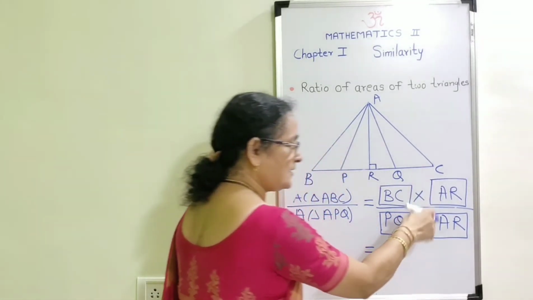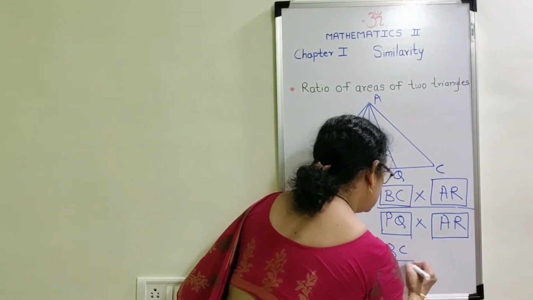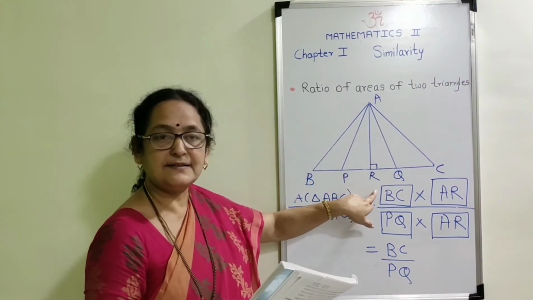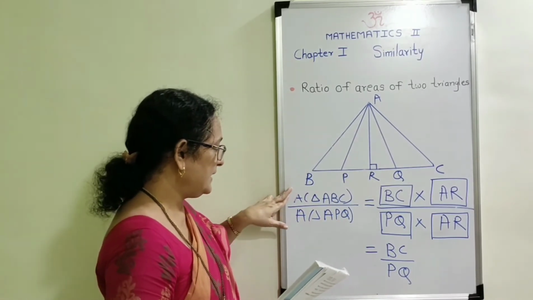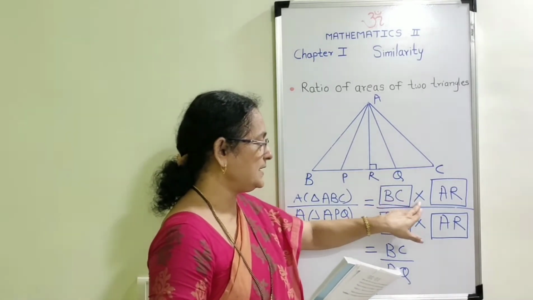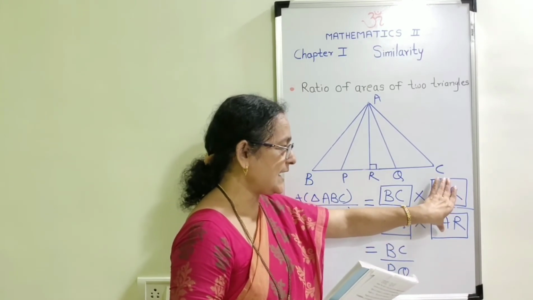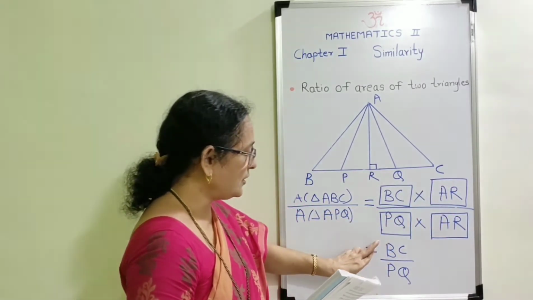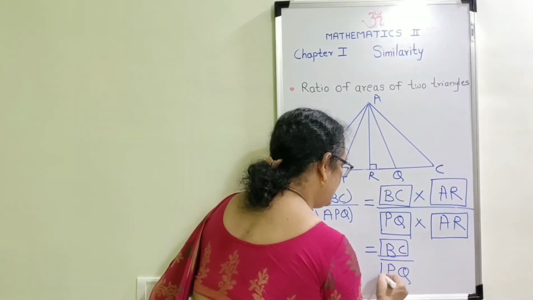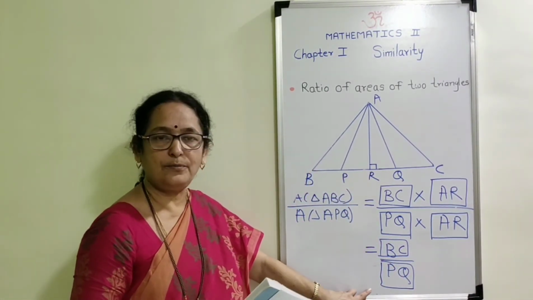And since the heights are equal, height gets eliminated and our answer is BC is to PQ. Please write these answers in your textbook that area of triangle ABC is to area of triangle APQ is equal to BC into AR upon PQ into AR. Since heights are equal, AR gets eliminated. Your final answer should be area of triangle ABC upon area of triangle APQ is equal to BC upon PQ.